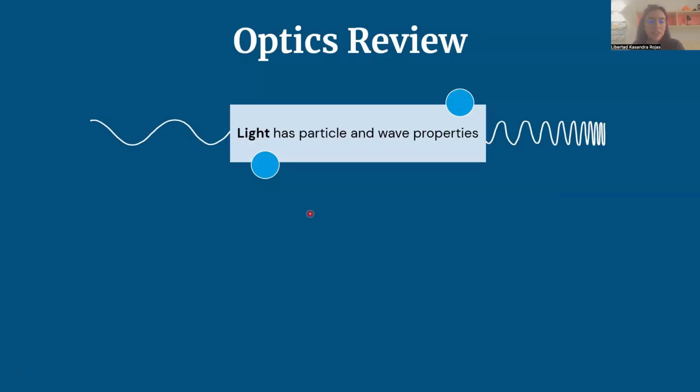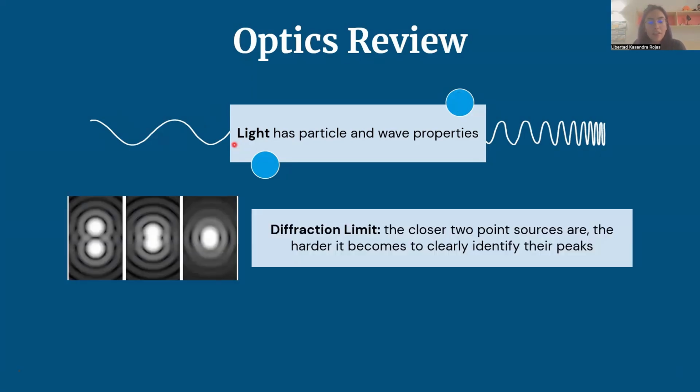So the first one being that light has a dual nature. Light has properties of a wave and of a particle. Okay, so the particles, as we know, are photons, and the waves are electromagnetic waves. So then we know that light diffracts, and specifically in the first session of the series, we covered the fact that there's something called a diffraction limit.